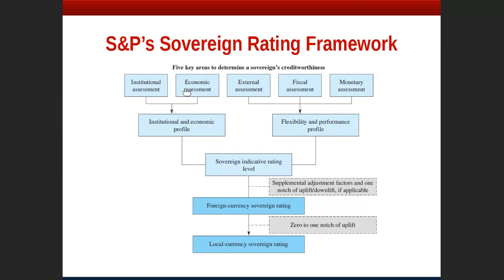Two areas here would then lead to an institutional and economic profile. And the last three here would lead to a flexibility and performance profile. When you put the two together, you sort of get an idea of the sovereign indicative rating, right? And then you keep working your way down.